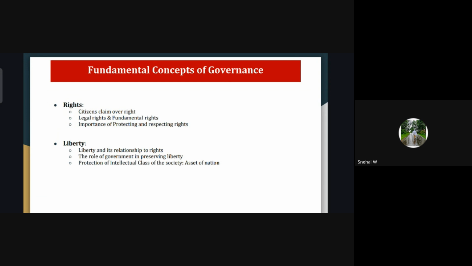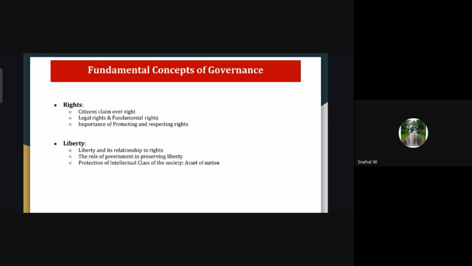Further, the second point is about liberty. Just think about it, can we have liberty without rights? Or can we have rights without liberty? The answer to both of them is no, right? Because in order to have rights, you need to have liberty, and you need to have rights to have liberty also.